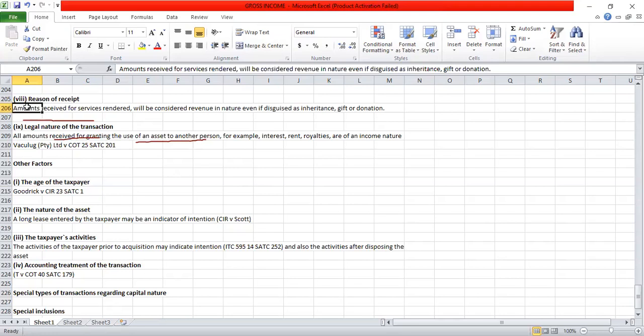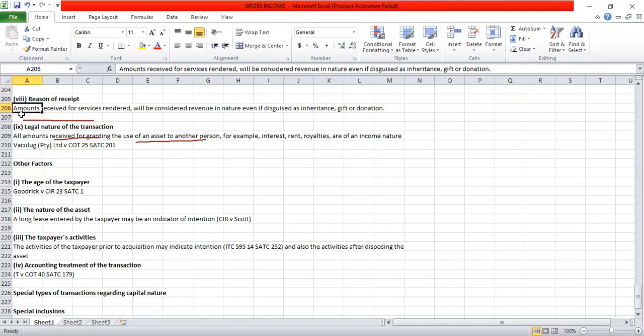That will mean that that building was actually income. So even if you disguise it as inheritance, a gift or donation, because you can disguise something as a gift because there are tax concessions there. Then you say it was donated to me, when actually you are getting it for work that you did.